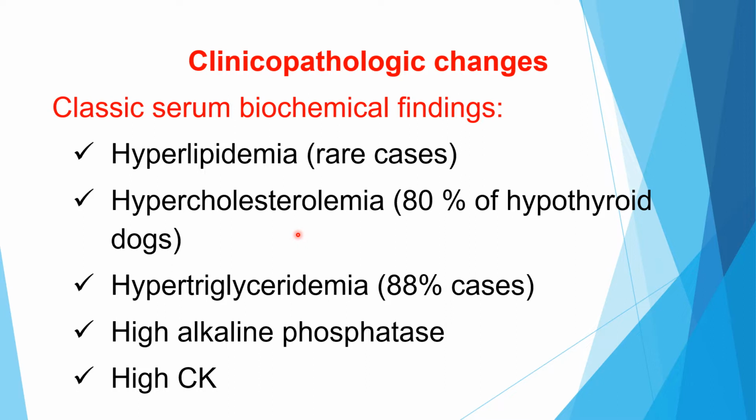Important is hypercholesterolemia, increased cholesterol level of the blood. This is characteristic. It is observed in 80% of hypothyroid dogs. Hypertriglyceridemia is observed in 88% of the hypothyroid cases in dogs.